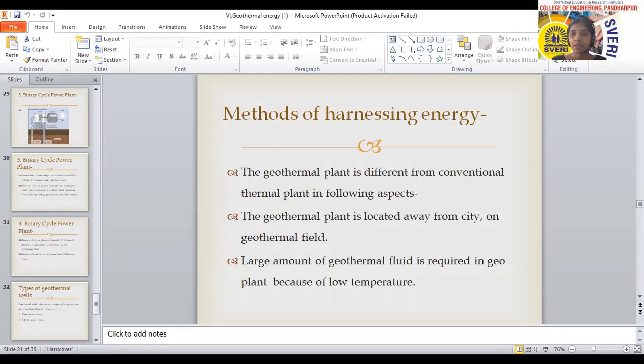So this is the difference between the thermal power plant and geothermal power plant. In a geothermal power plant, we have to install many systems to collect the steam from the geo pond or geo well.